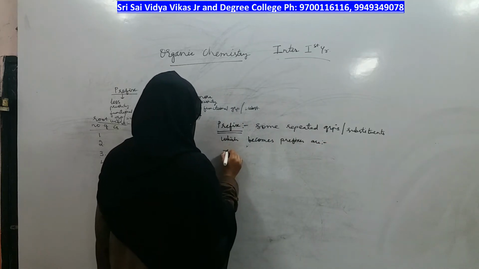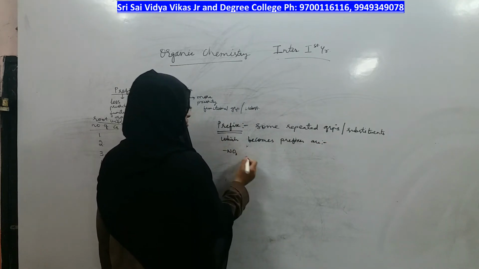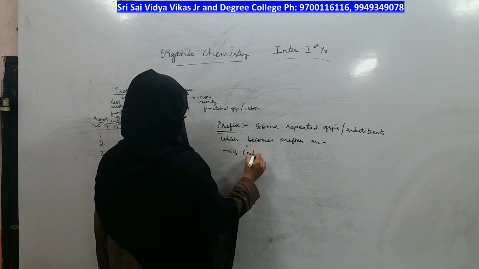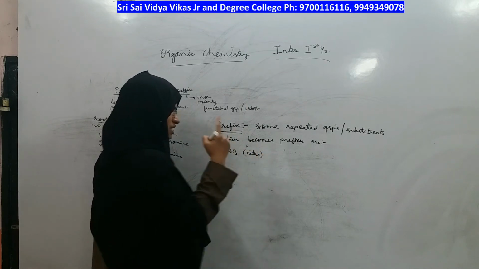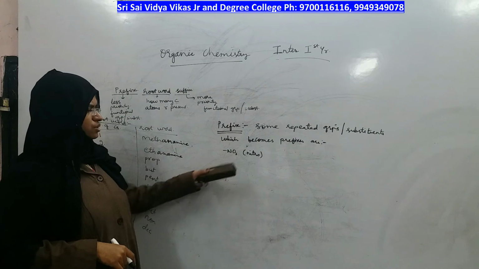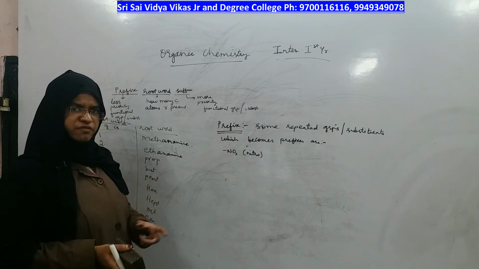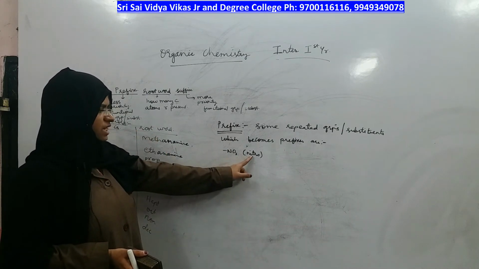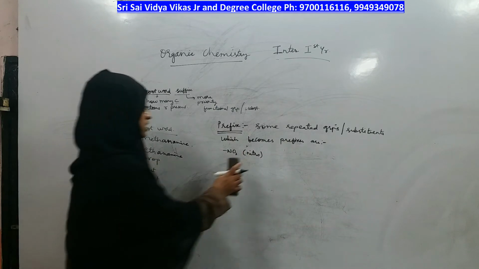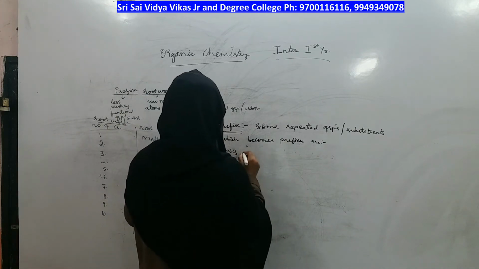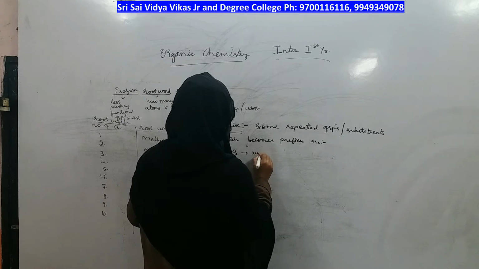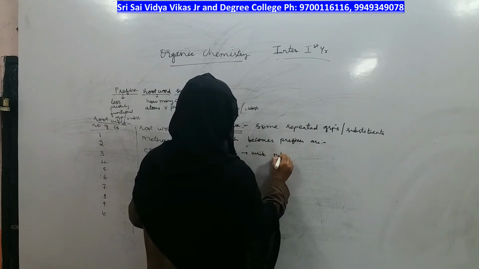What are they? Nitro. If an NO2 group is present in the compound, it should always become a prefix. What should be the prefix? Write nitro. Okay, otherwise I will say NO2, write nitro.